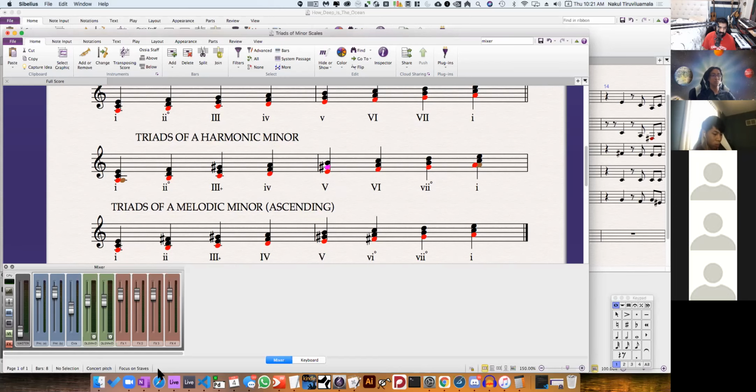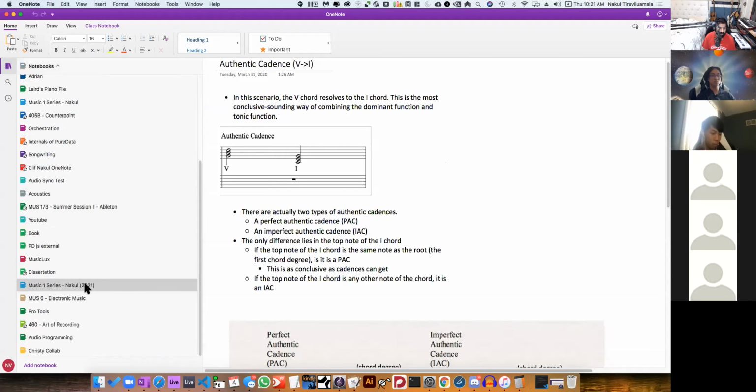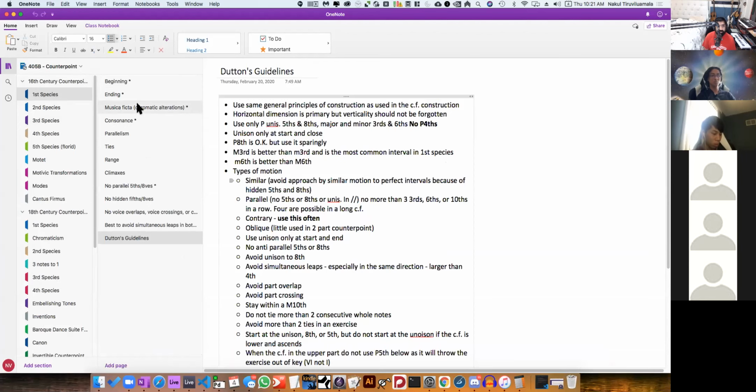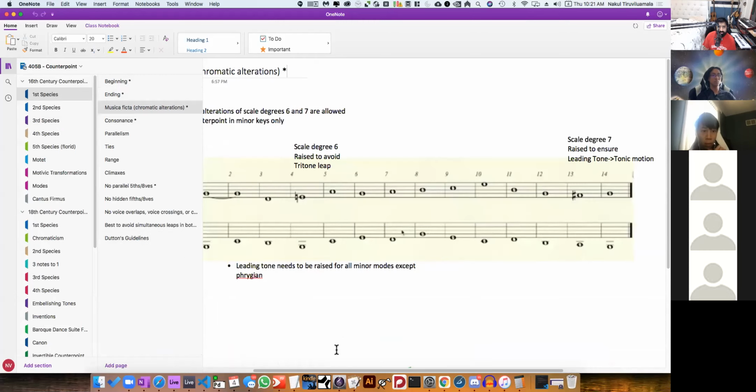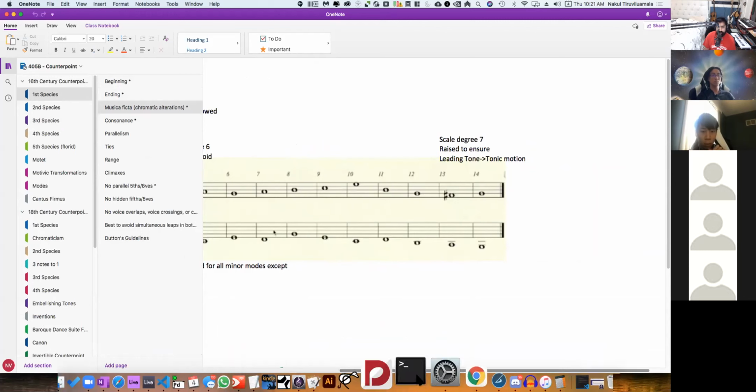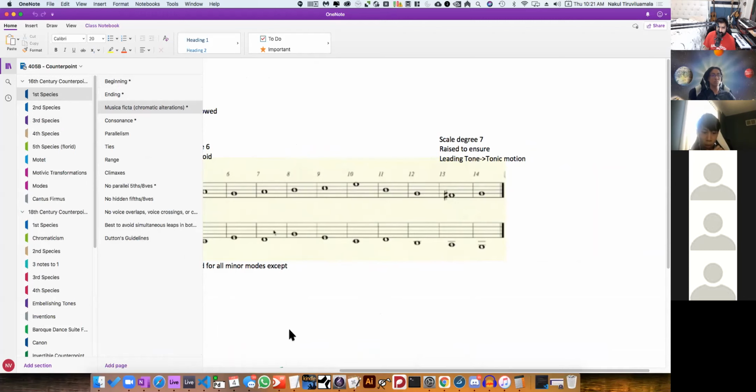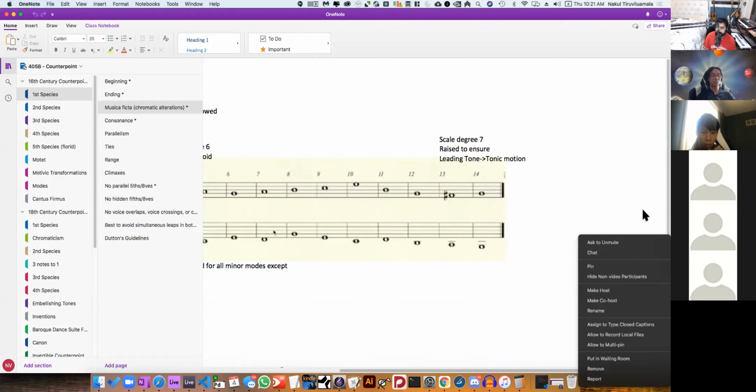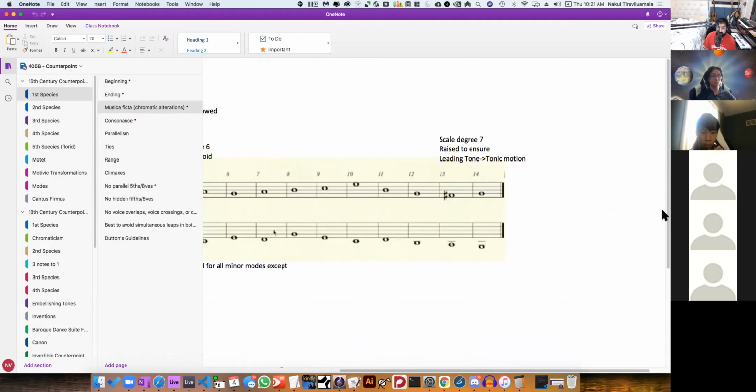If you go back to the 16th century and think about counterpoint, which is basically the first time that people started classifying ways of creating harmony, the first thing they discovered, in the 1200s or 1300s or whatever, in the West, is that you really want this leading tone to tonic motion. You might think this is just another arbitrary thing that Nakul is saying, but really this is the foundation. This is the way we think about tonal music.